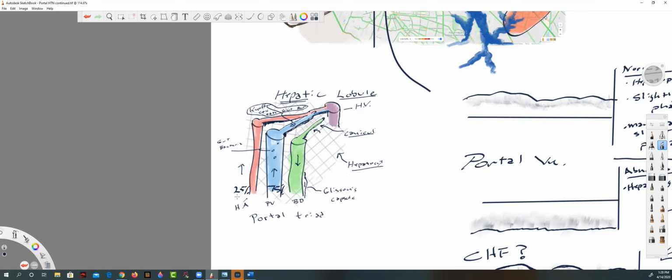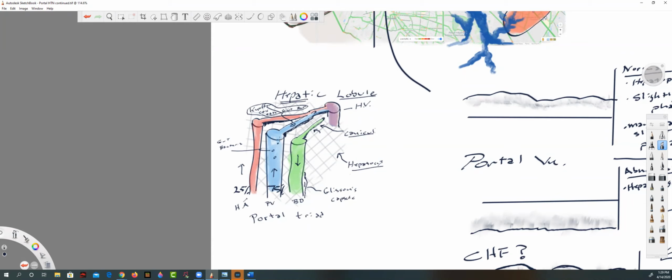This might be 25%, but the hepatic artery is under high pressure. It's under heart pressure. The portal vein is under low pressure. And so when these hepatocytes say they can't handle the blood flow, they're not going to tell the hepatic artery. They're basically going to tell the portal vein.